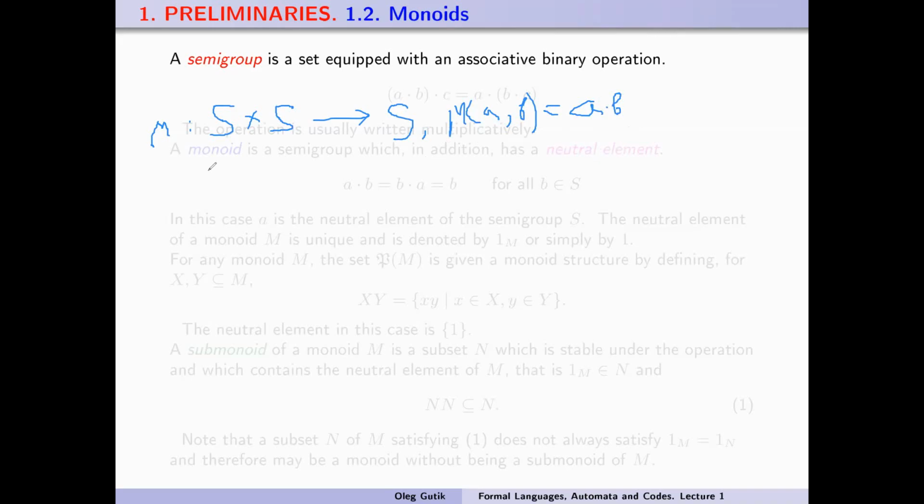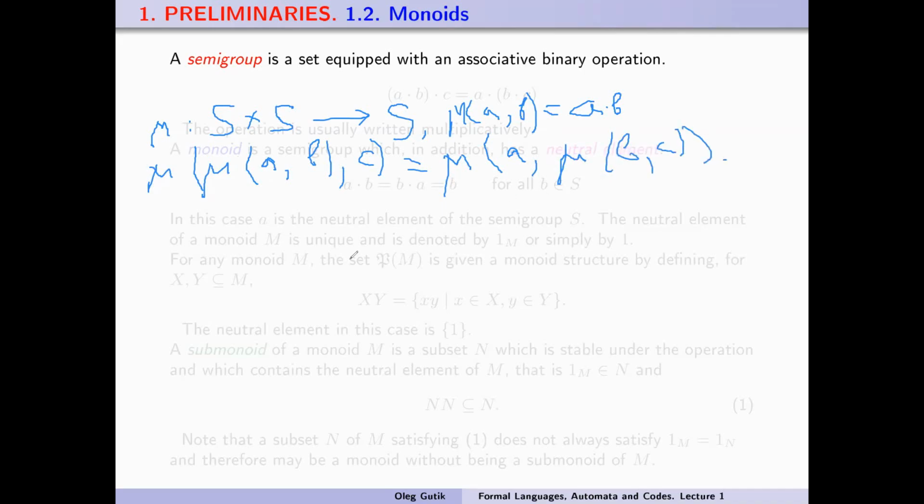If this operation is associative, what does associative mean? Associativity is the following property. If we first find mu of a and b, then we calculate mu of this result and c, this is equal to mu of a and mu of b and c.